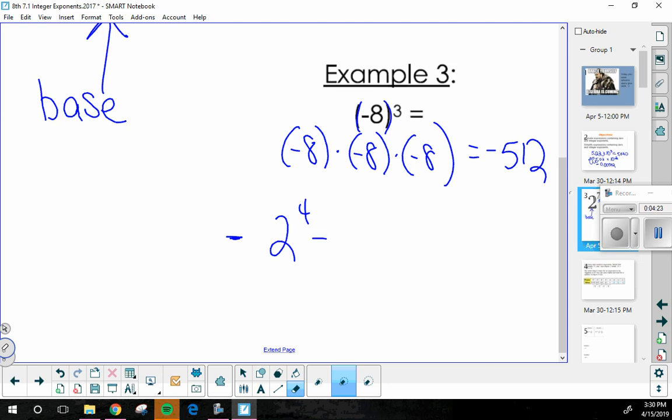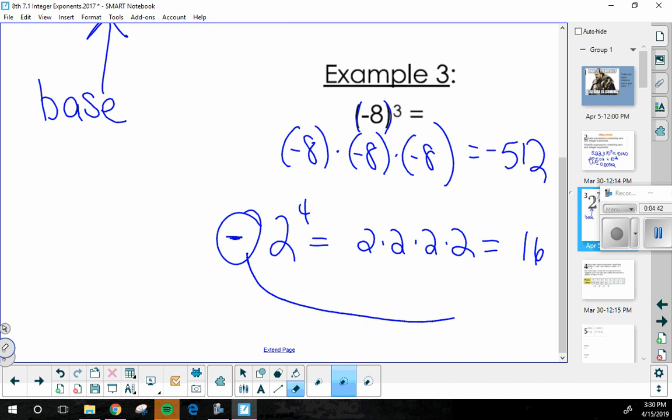So that just means that is 2 times 2 times 2 times 2. I've just ignored the negative sign. Just ignored it until I'm done with my calculation. I know 2 times 2 times 2 times 2, it is 16. Then I bring my negative sign and I put it right here.